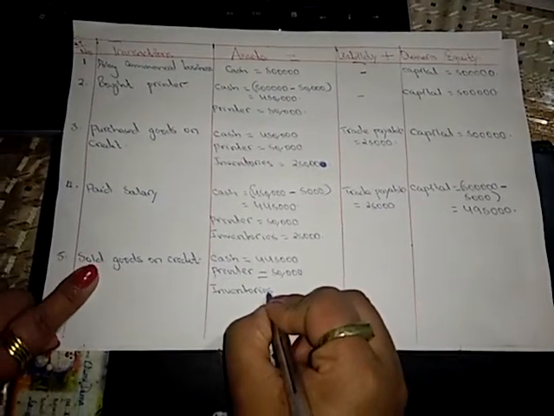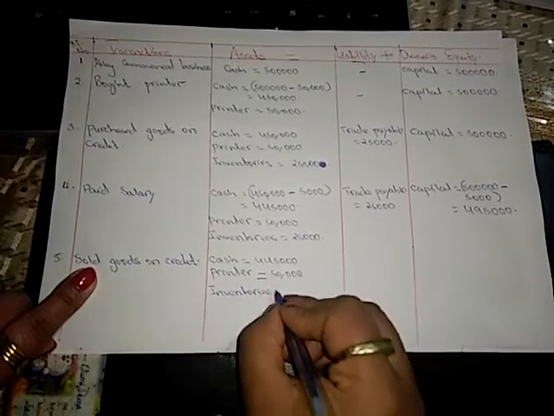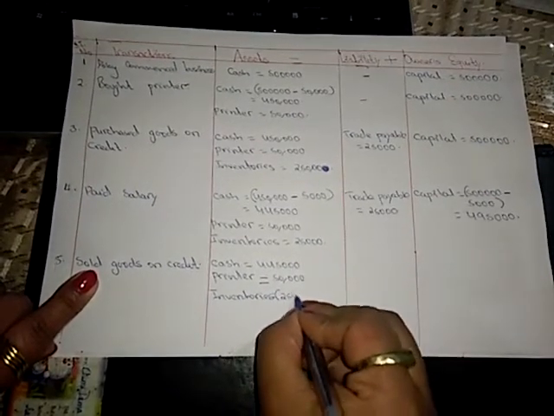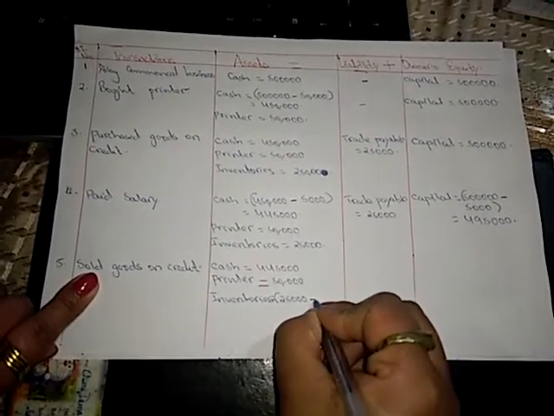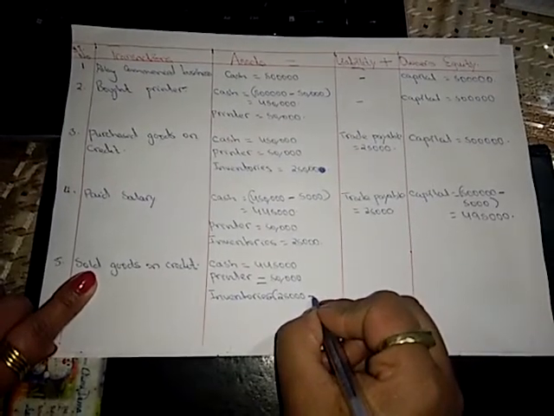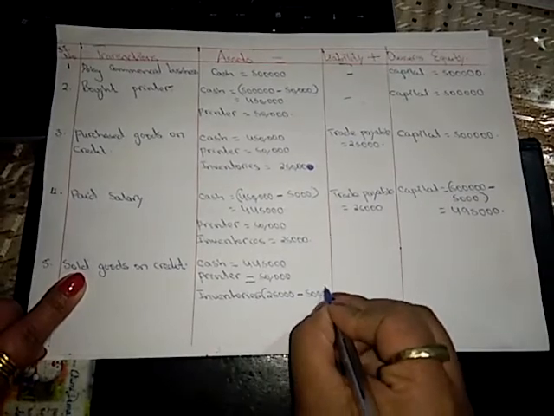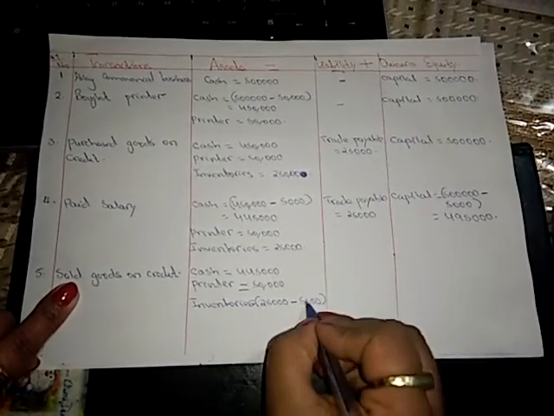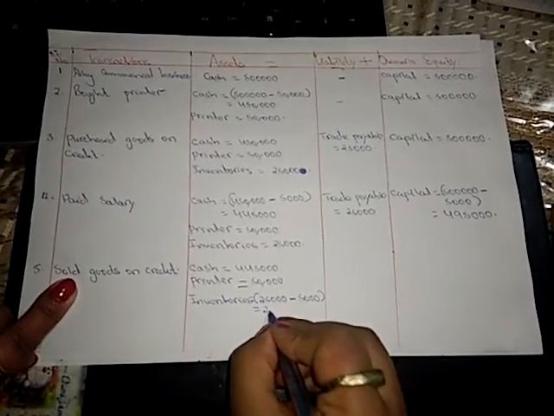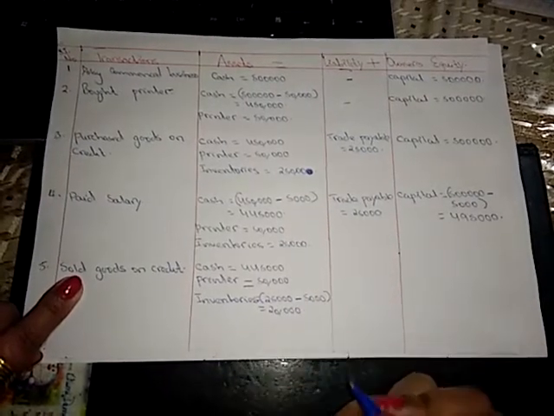You are selling goods. So out of this 25,000, what's the amount of goods that you are selling? You are selling 5,000 worth of goods now. From 25,000, 5,000 of goods is gone. You have only 20,000 of goods remaining.